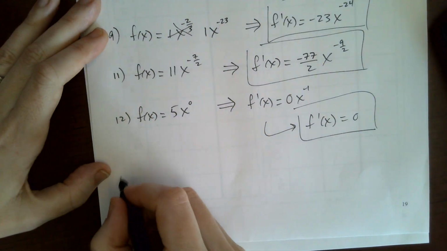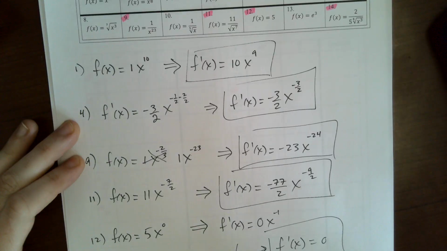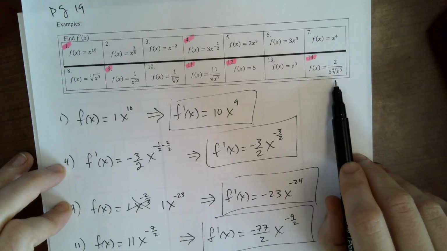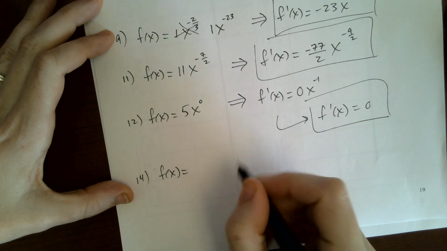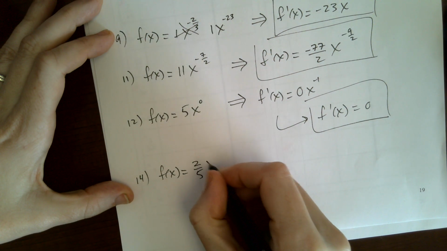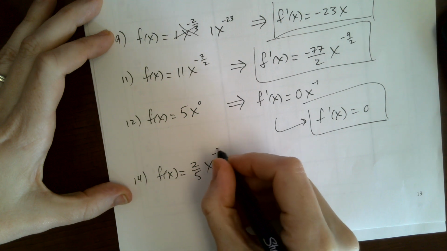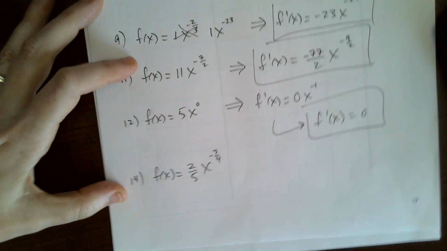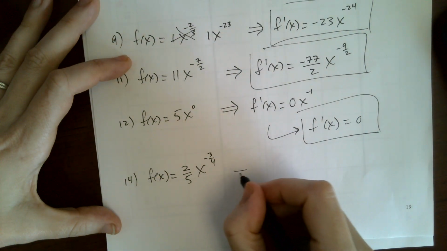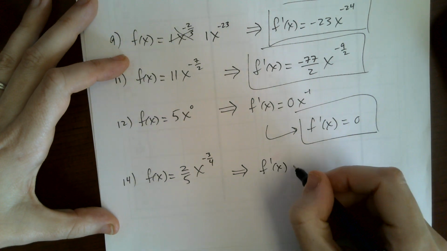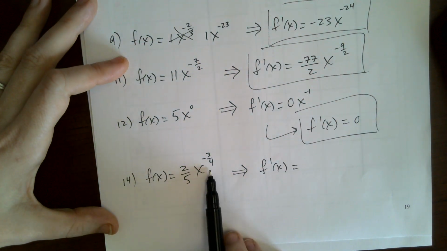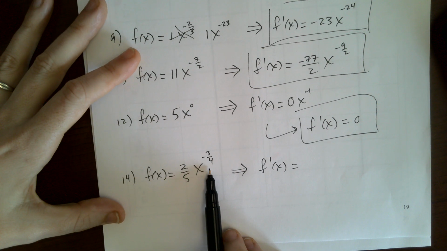Okay, so this is 14. This one is not a one-step derivative because it's not in ax to the n form. So I first rewrite it. So f of x is 2/5 x to the. Okay, and now I can go right into the derivative. All right, so 2/5 times negative 3/4.